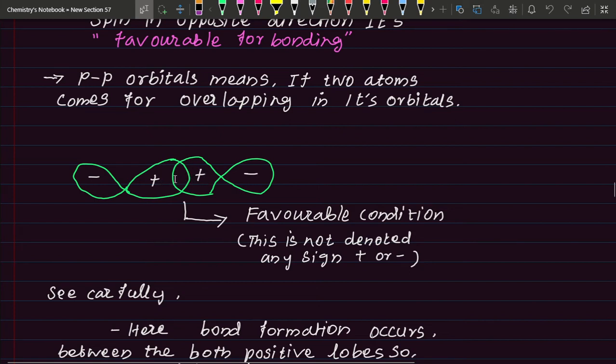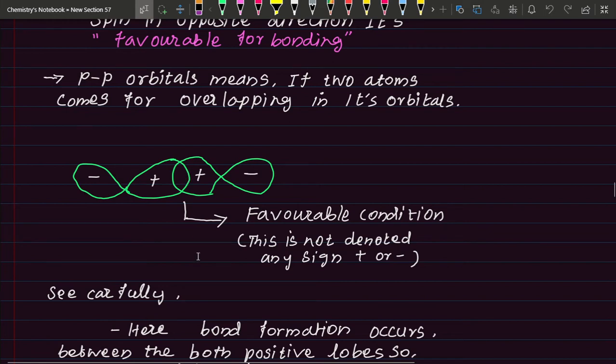This is positive, this is positive. Both positive denote the favorable condition for bonding. This is not a plus sign or minus sign, please note it. It means favorable, possible.